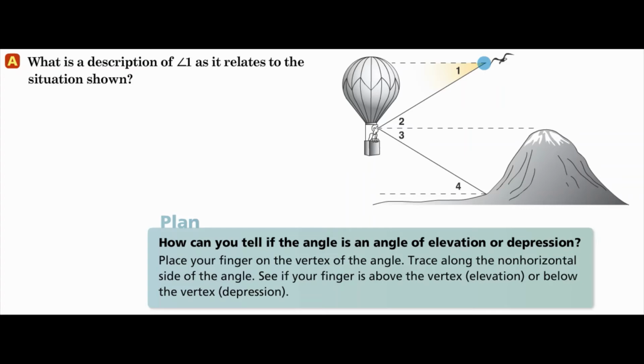Start at the vertex of angle 1. Trace along the non-horizontal side. You end up below the vertex, so angle 1 is the angle of depression from the bird to the person in the hot air balloon.